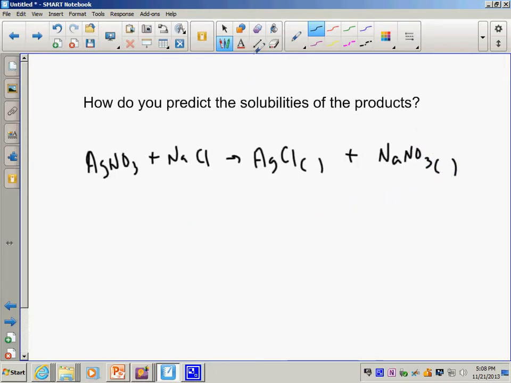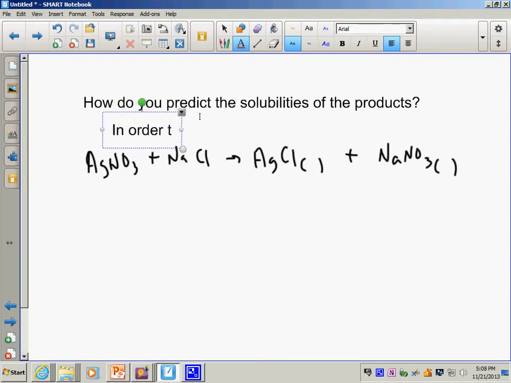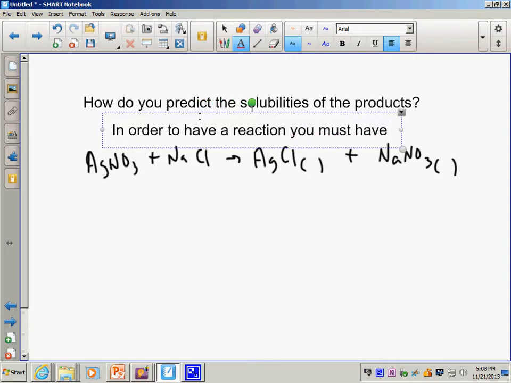Now, I will note initially that in order to have a reaction, you need at least one precipitate.